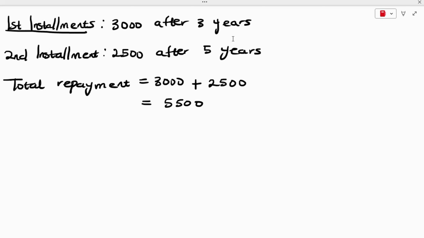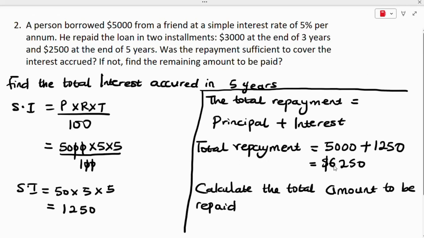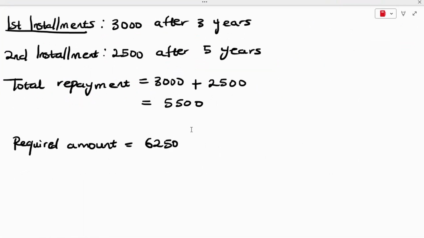So let's simply determine if the repayment is sufficient. We know that from the question, the required amount to be repaid is 6,250, and this was gotten from here, whereby the total repayment is $6,250. We want to determine if the repayment is sufficient. The required amount is 6,250, and the money that was repaid was 5,500.